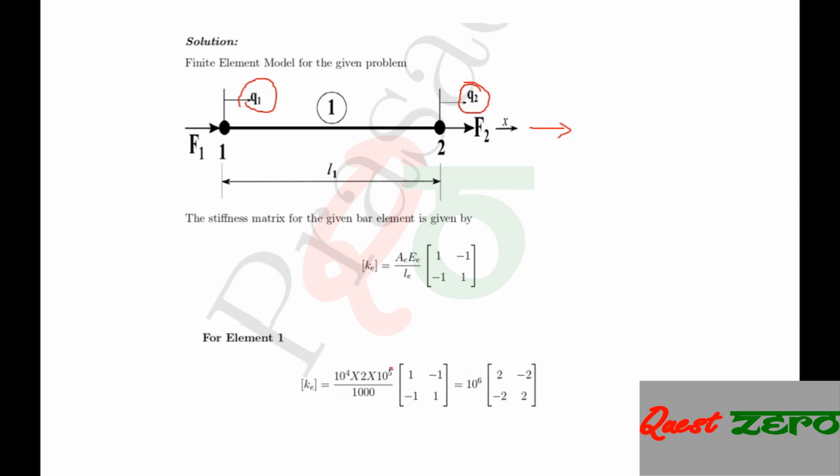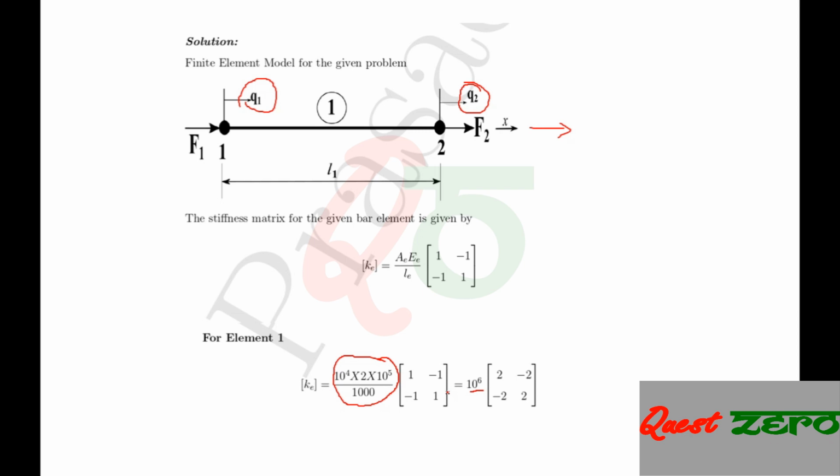Once you calculate all the given data, 10 to the power of 6 into 2 is what you will get for this entire term. But I'll keep 10 to the power of 6 outside the bracket and multiply the 2 inside. Why do I do this? Probably in the further examples you'll get to know.